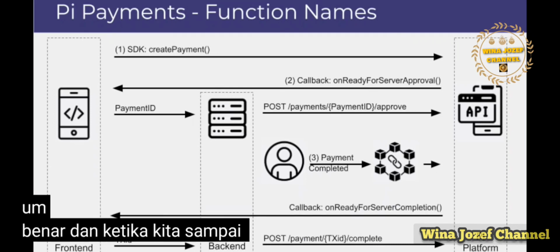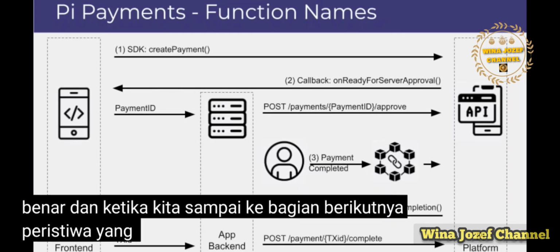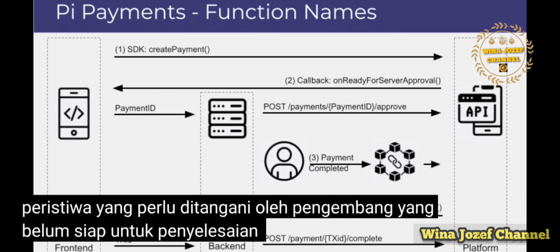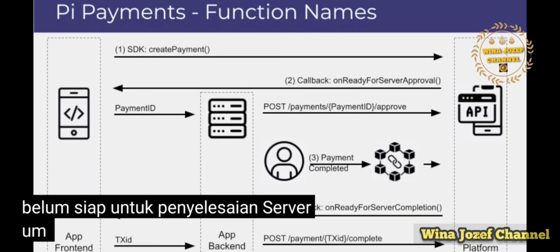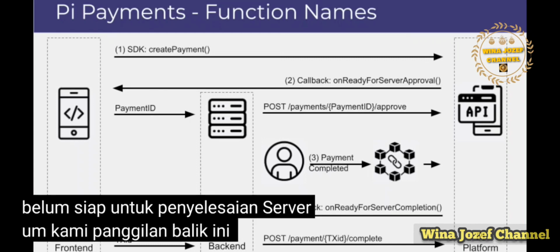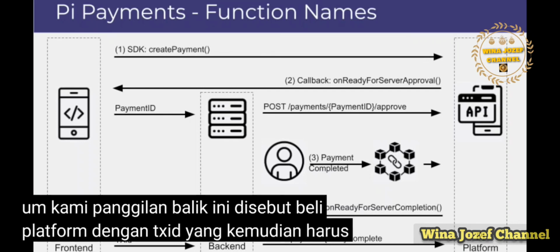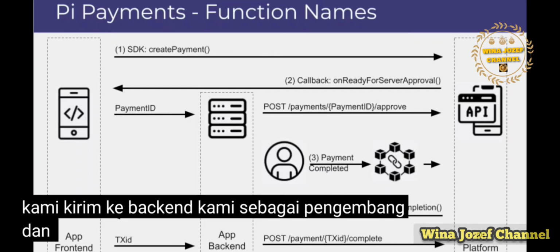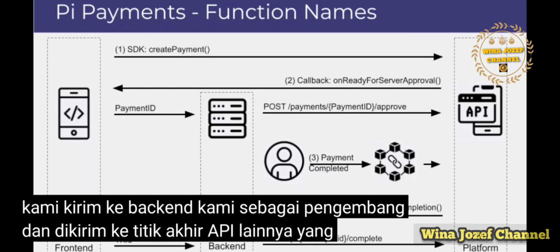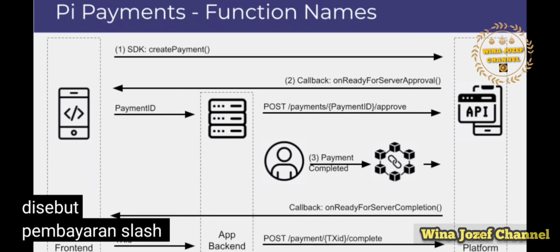And when we get to the next event that the developer needs to handle, which is onReadyForServerCompletion, this callback is called by the Pi platform with a TXID that we then have to send to our backend as a developer and gets posted to the REST API endpoint called payment/TXID/complete.